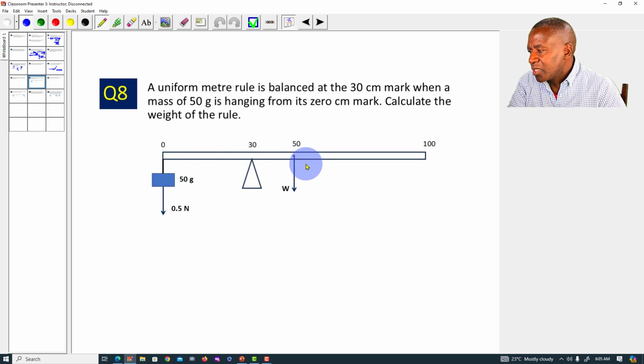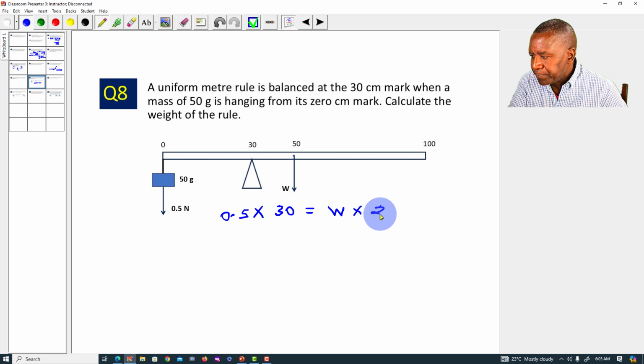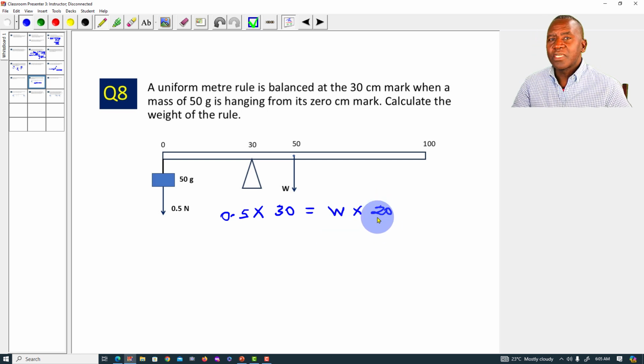This is the pivot, this is the weight, and of course we are going to take moments about the 30 centimeter mark because we want to get rid of this R that is acting at this point. So we are going to have 0.5 times, how far is it from the pivot? Should be 30 centimeters, equals W times how far from the pivot? It should be 20.